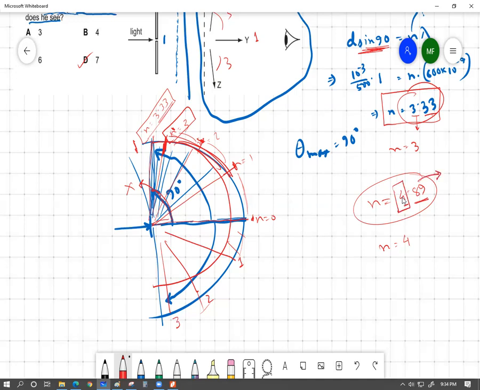The next number, which would be 5, cannot be seen. So the maximum number of order that you can see is up to 4. 5 was not visible. So even if it is bigger than 0.5, you cannot mathematically round it to make it 5. You have to take the smaller integer number.